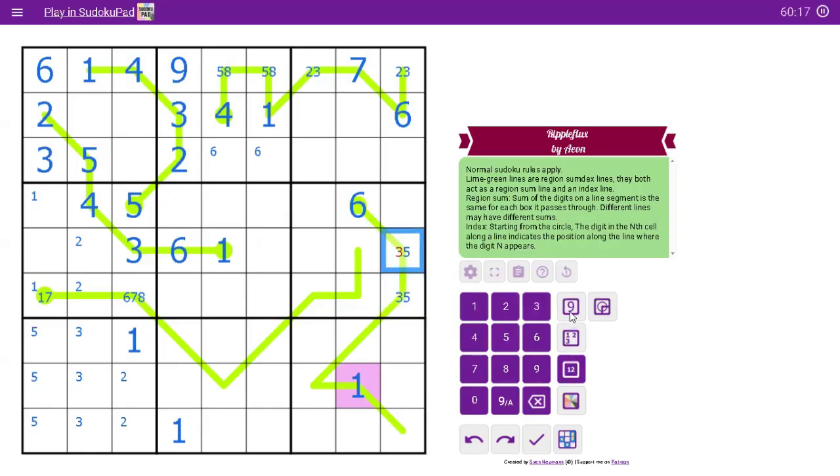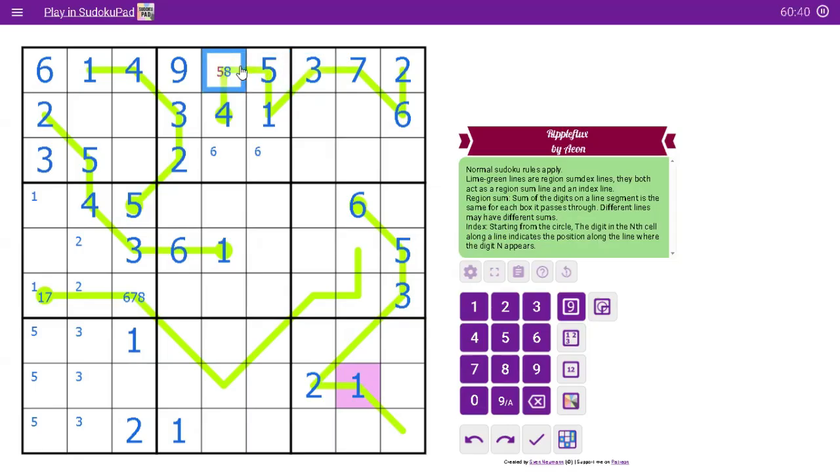And we know the order. That's a 5. That's a 3. This 5 says write 2 here. So that's a 2, which means that's a 2. That means this is a 2. That's a 3. This 3 is saying it's in the 5th position. So that's 5. That's an 8.